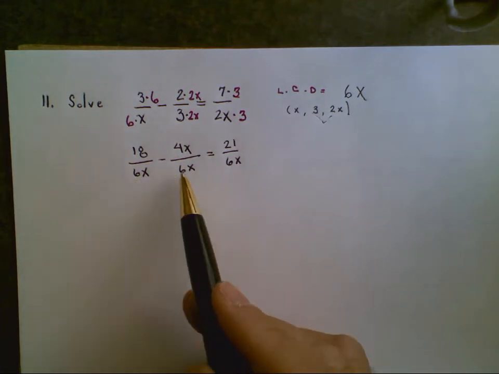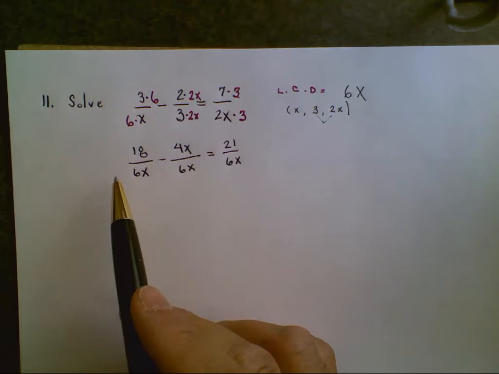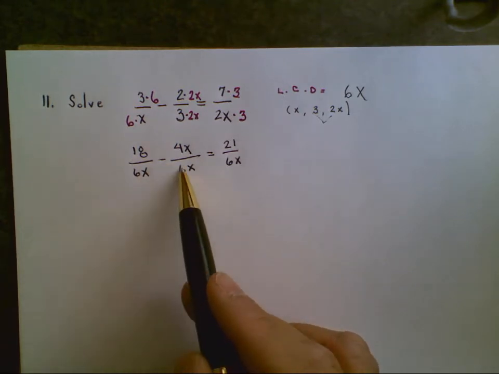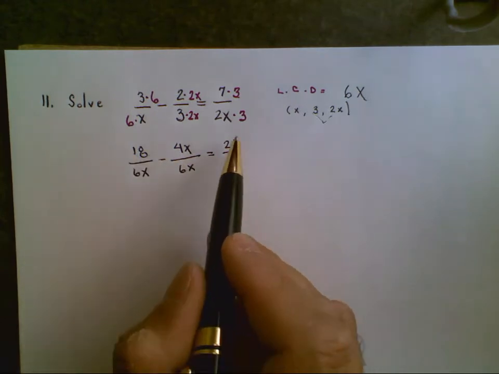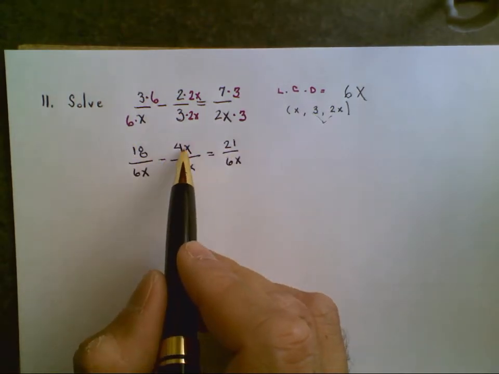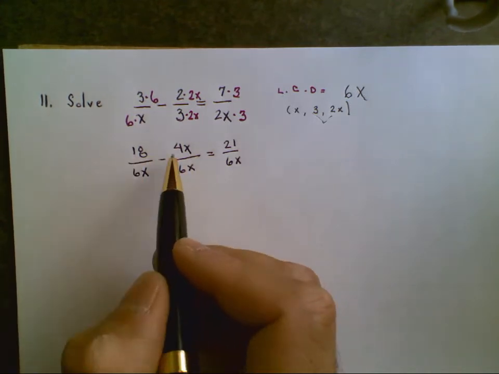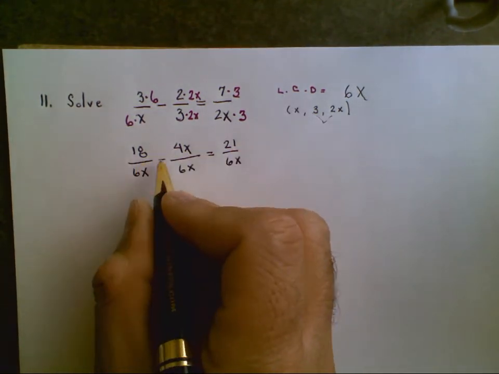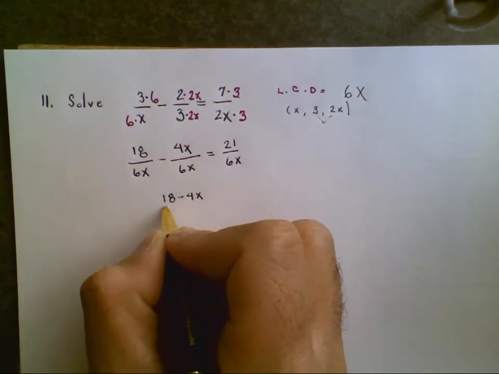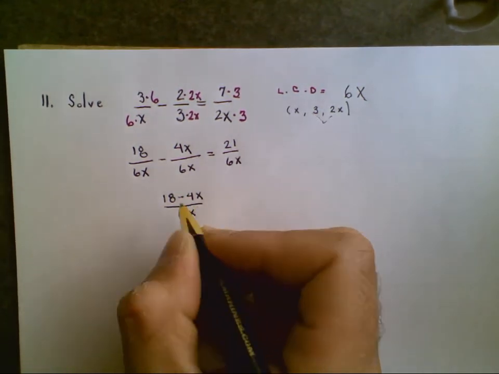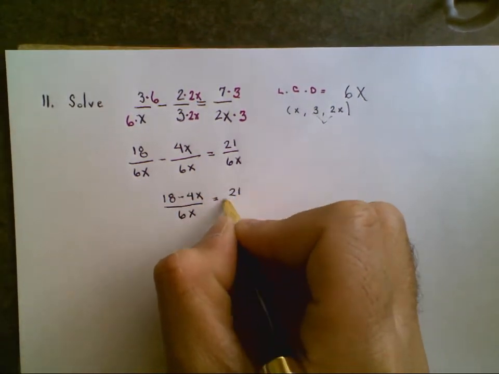In this case, following the PowerPoint, because the denominators are the same, we can omit the denominators, we cannot forget about them, and have only the linear equation 18 minus 4x equals 21. Because if we simplify this fraction here, for example, I have 18 minus 4x over 6x, because the denominator is the same, equals 21 over 6x.